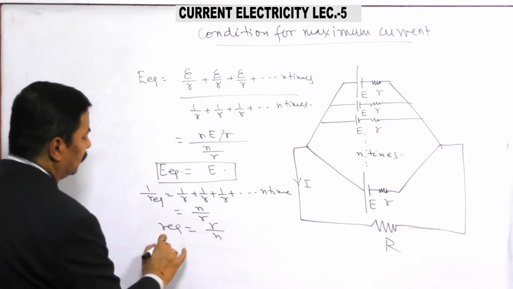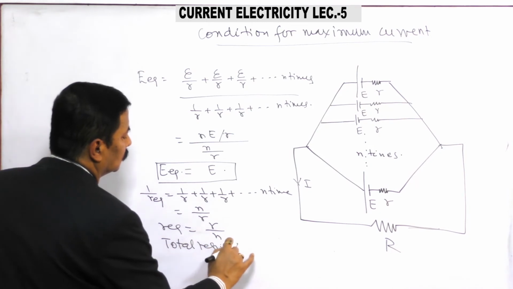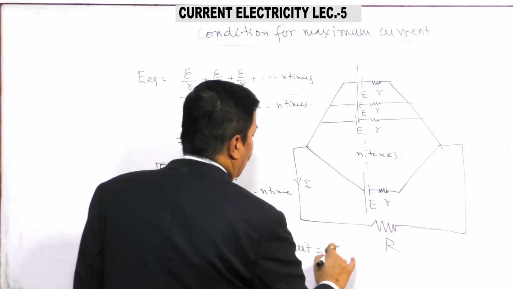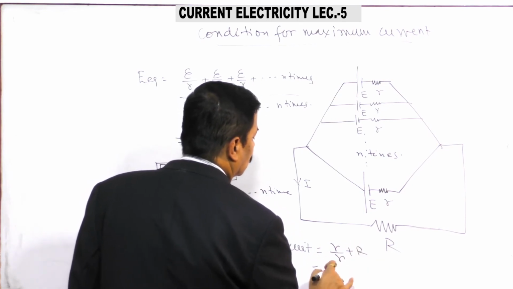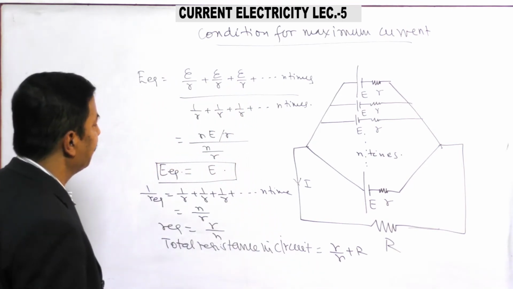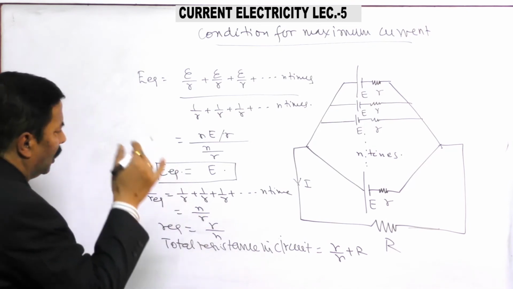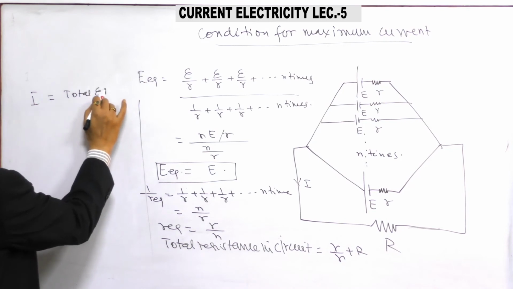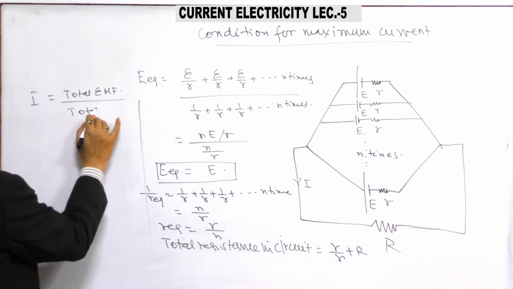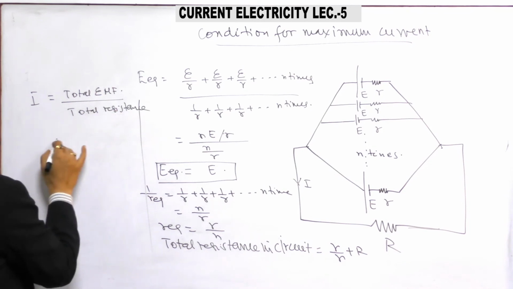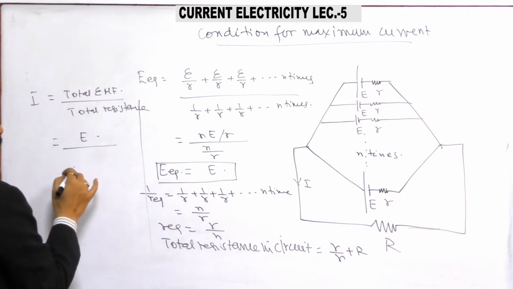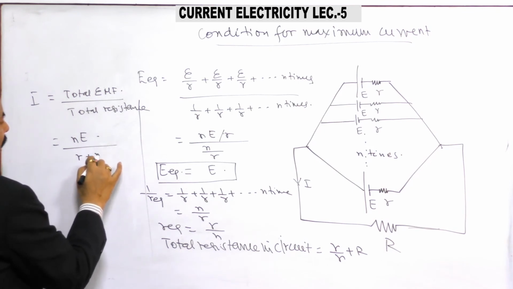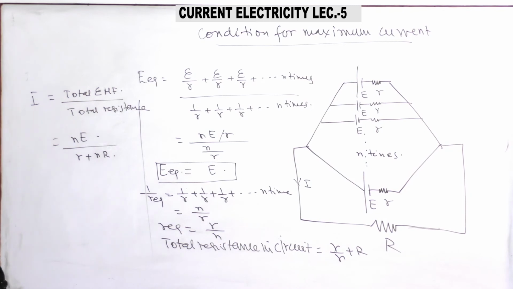So the total resistance in the circuit is R by n plus R. So if we want the current, I is equal to total EMF by total resistance, that is E by R by n plus R, which is nE by R plus nR.